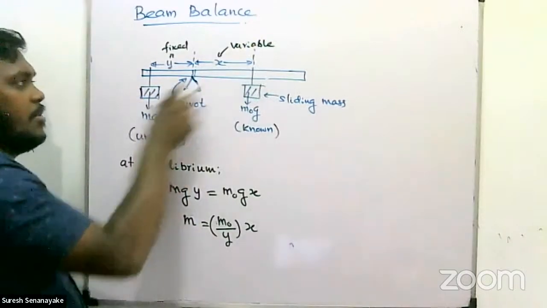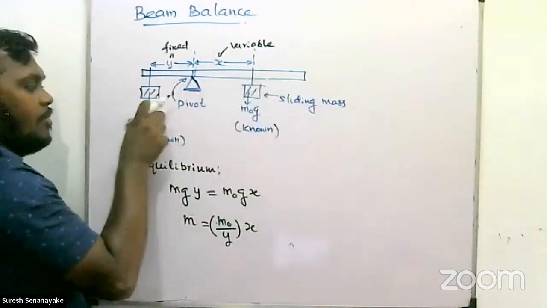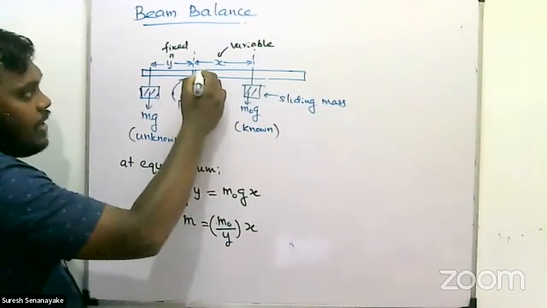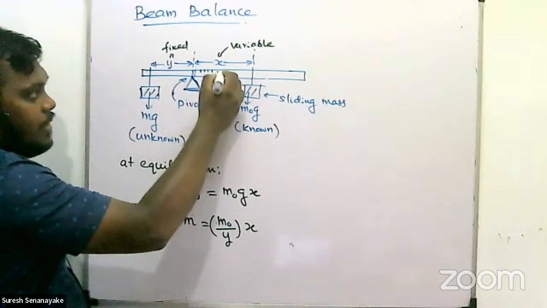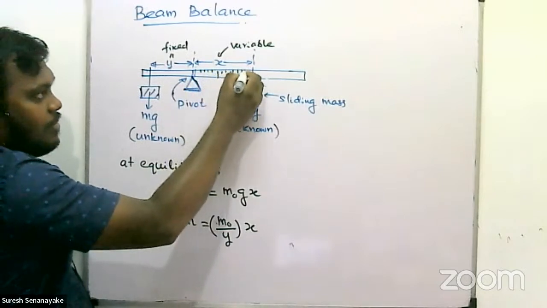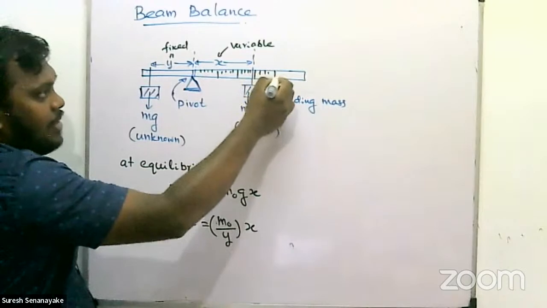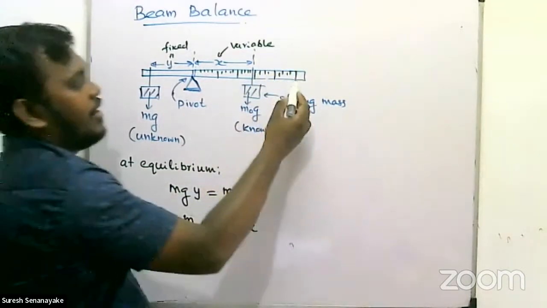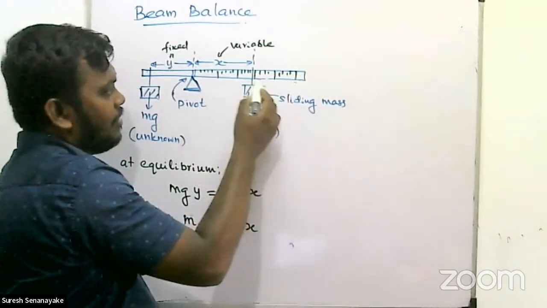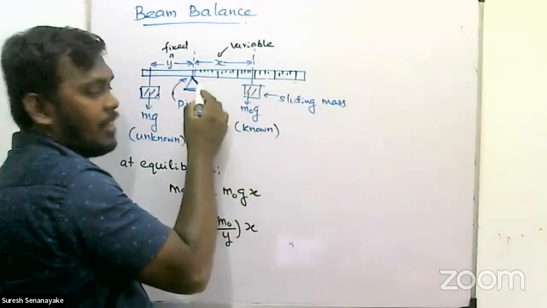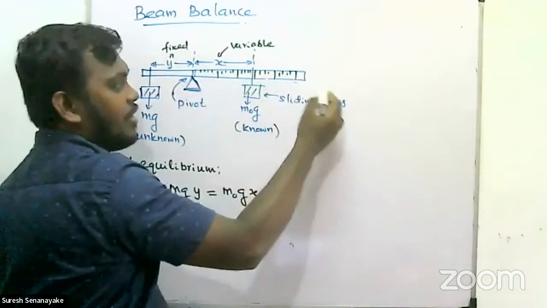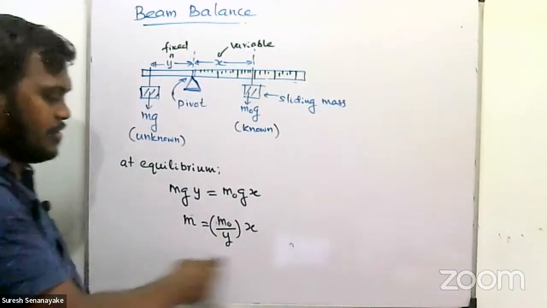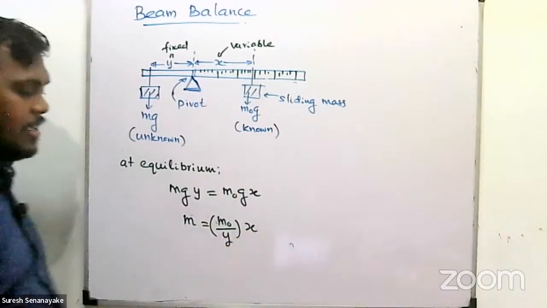If a greater mass is put here, the sliding mass is moved further away; if a smaller mass is put, it is moved closer. Measure that length. Then you can calibrate this beam according to the masses. So that's the way: mass is proportional to the length.